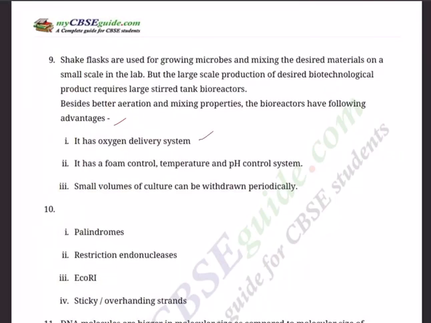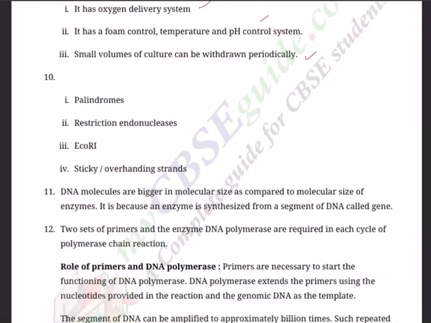It has oxygen delivery system, it has a foam control, temperature, pH control system. Small volume of culture can be withdrawn periodically for testing. So when you are writing this answer, draw the diagram of bioreactor. Keep the diagram by the side of it, you will understand at least these three advantages.